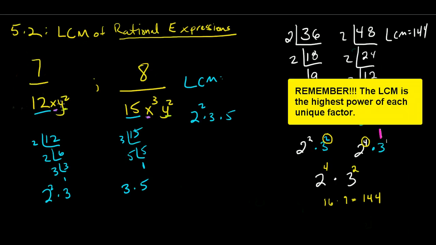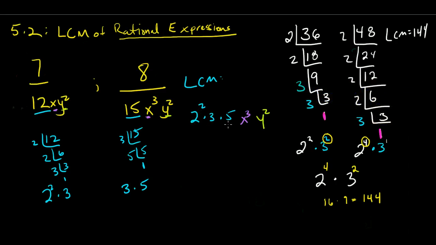Now, they will have the highest power of my x's, which will be x to the 3rd, and the highest power of my y's, which will be, both of them are y squared. So that number is 4 times 3 is 12 times 5 is 60. 60 x to the third y squared. This now is the LCM of these two fractions.